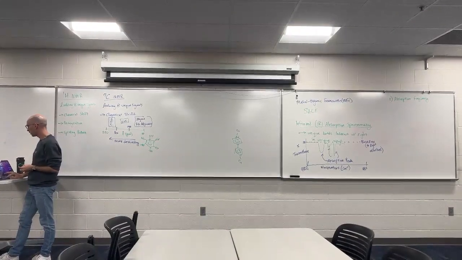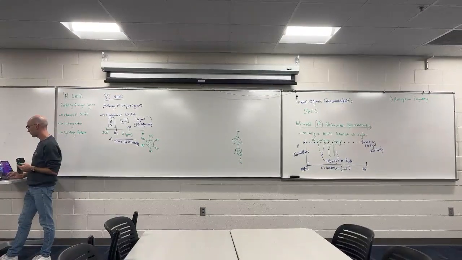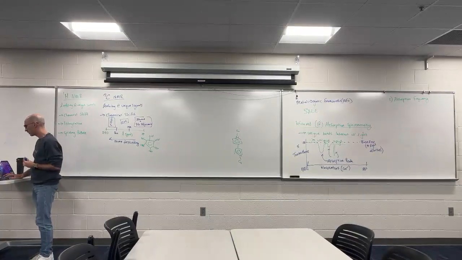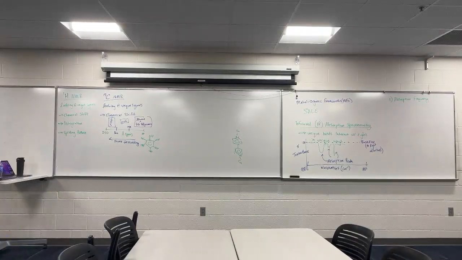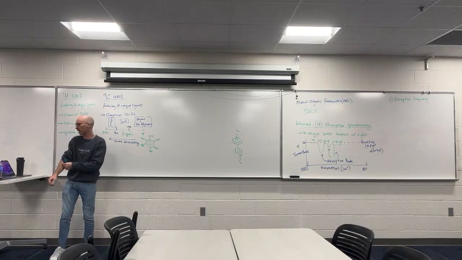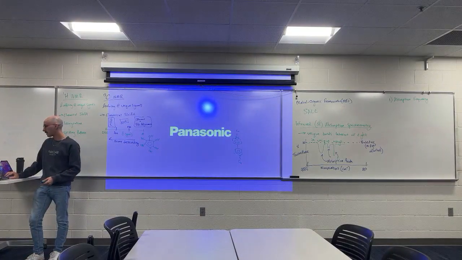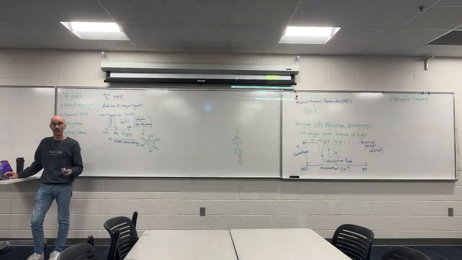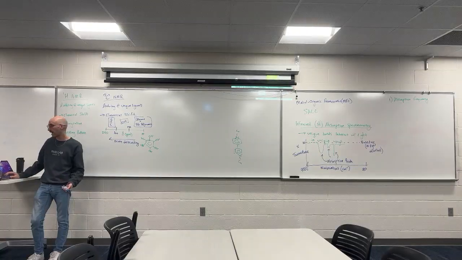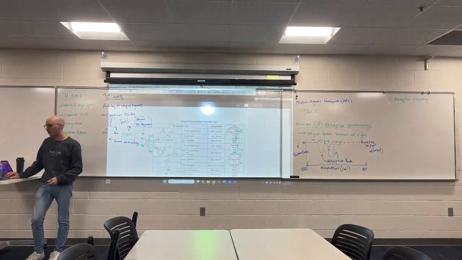You guys have already looked at the correlation tables that are on our home page. I'm actually going to pull them up again for us to take a look at. You looked at the correlation tables for the sake of the NMR, but the correlation table that takes up half of that document is the IR correlation table.